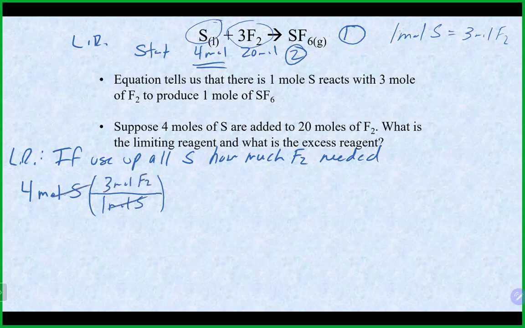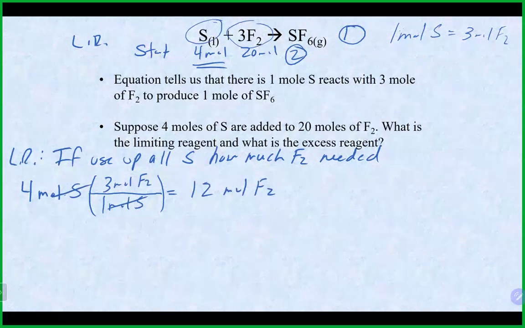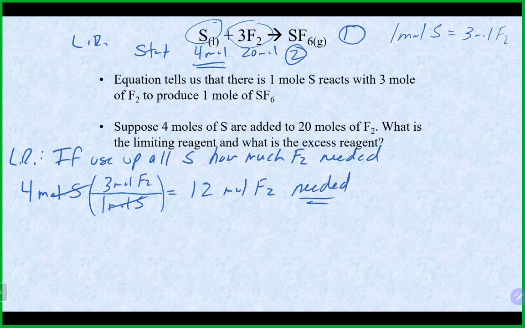The moles of sulfur will cancel. And that tells me that I need 12 moles of fluorine in this case. So first off, any question on that calculation? It's just a simple little calculation between the two reactants, like I want to use up all of one reactant, how much of the other I need to put in there.